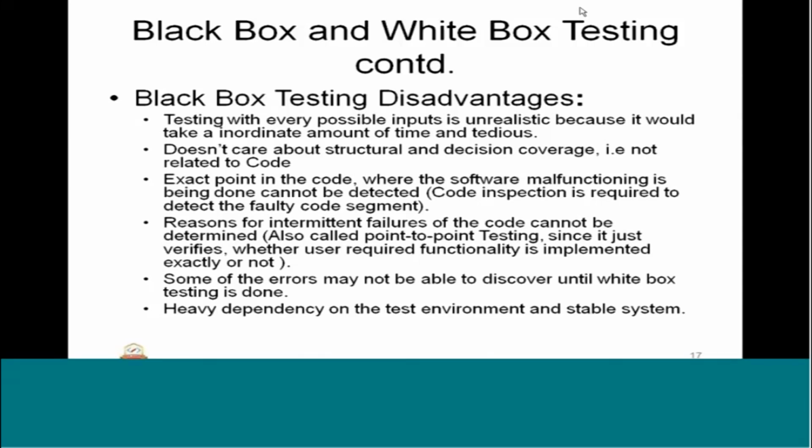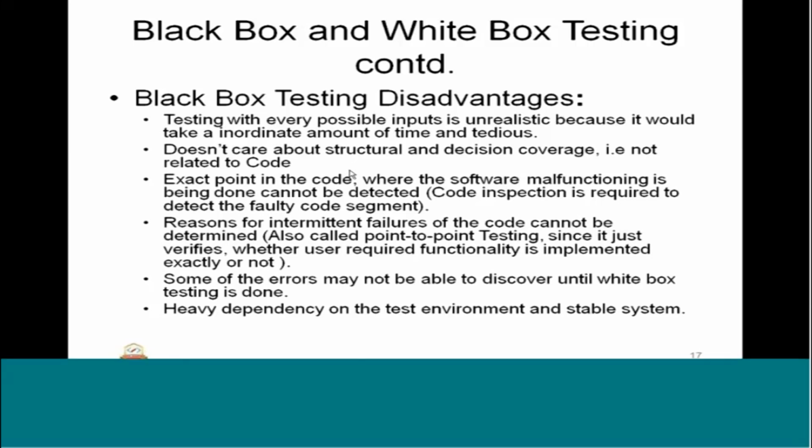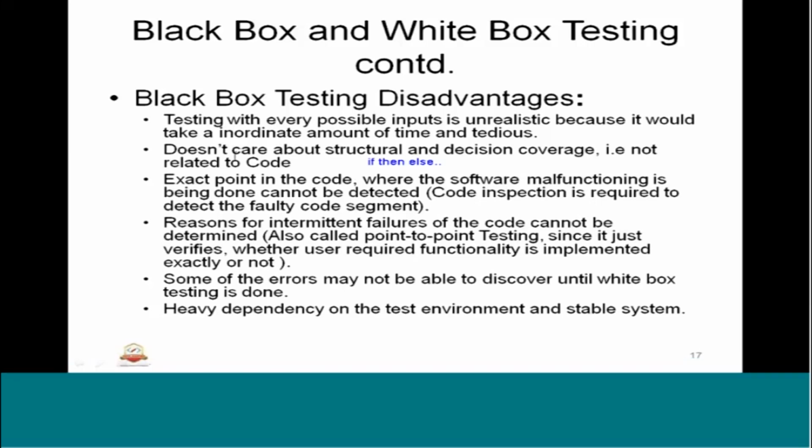we are going to go purely by the requirements, especially if-then-else kind of requirements. We may not be able to test it completely. That is specifically for the code actually, but sometimes requirements also have to specify that if this condition occurs, this has to happen.